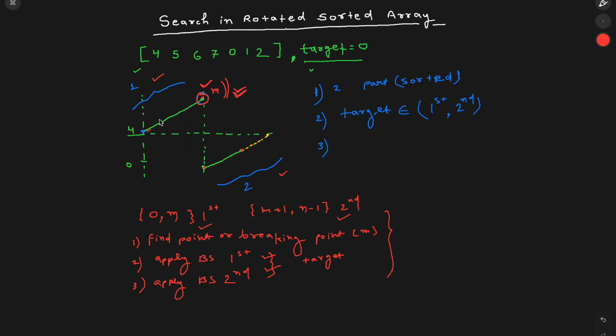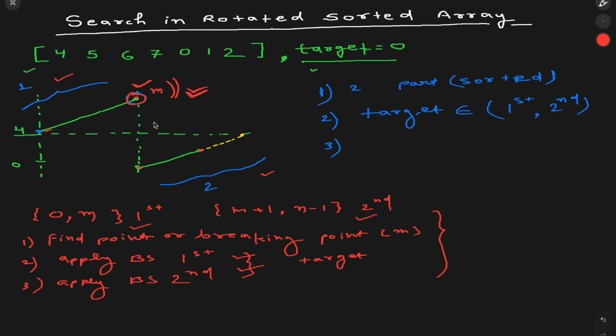We can see one thing: for every point, suppose any point on this line or at this line, every previous element is less than the current element, correct. But for this case, this element is greater than the element which is present after it.